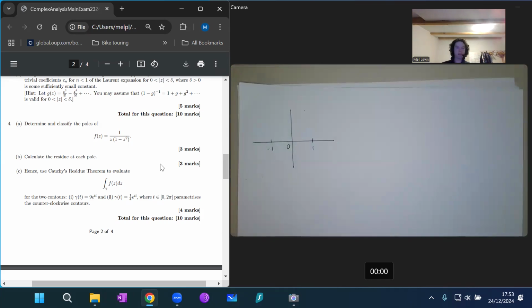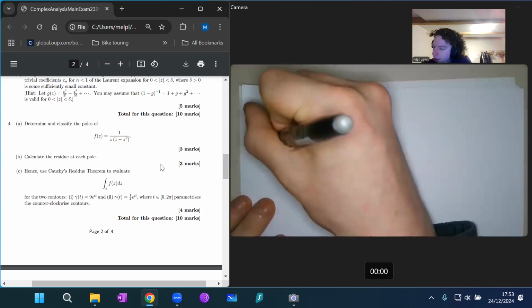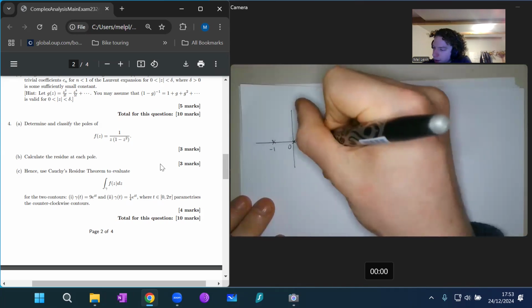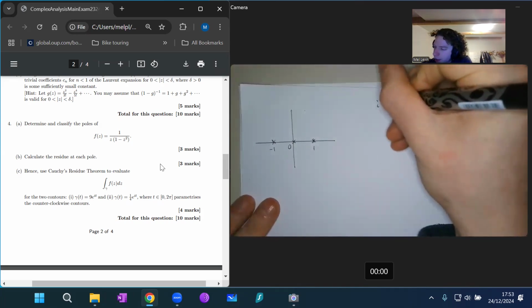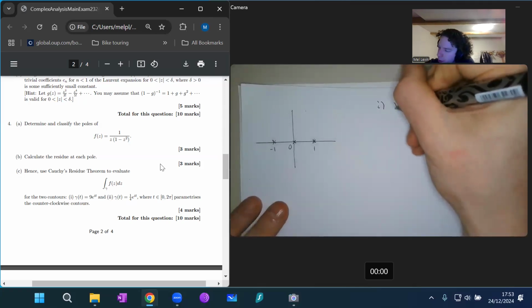And let's call the first contour gamma 1.